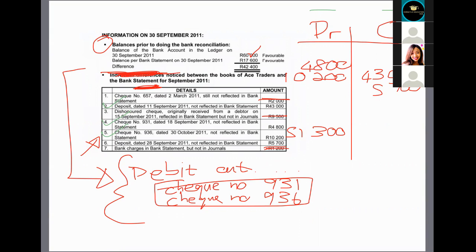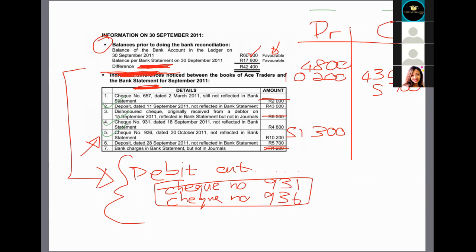Is it debit or credit? We're going to credit it. No, we're going to credit it because remember, we are doing the recon. We're not doing our account. The first 60,000, what did we do with that one? We debited this, yes, because we were doing the bank account. But now we're doing the recon. Remember, the bank reconciliation is the same as my bank statement.